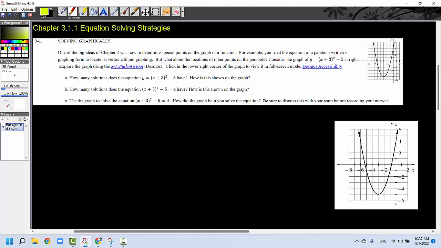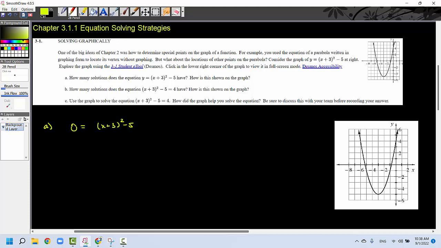So remember, when we talk about the solution to a quadratic function, the solution will be what happens when y equals 0, right? So if 0 equaled (x + 3)^2 - 5, how many solutions would that produce? Well, let's find out where 0 is. When y is 0, what you're dealing with is an x-intercept.